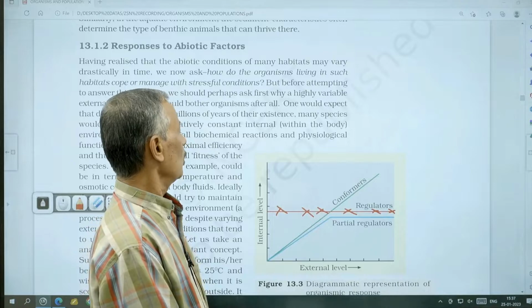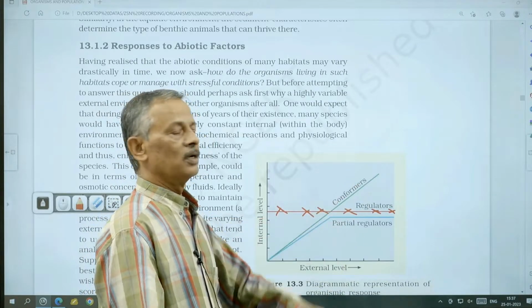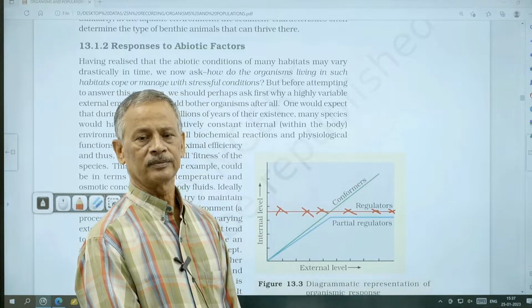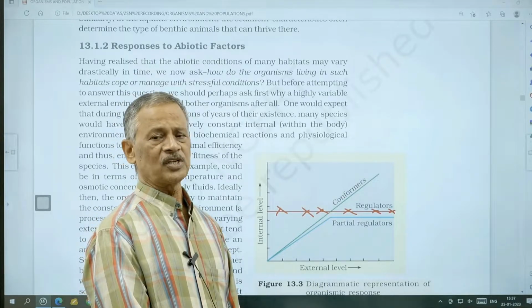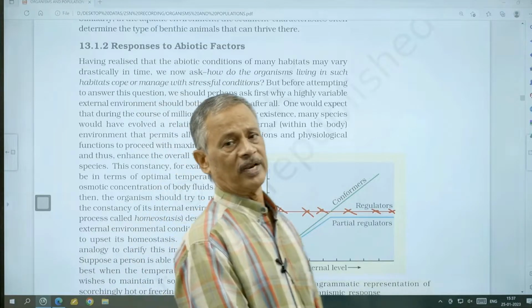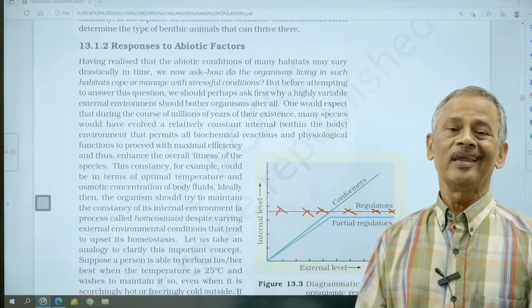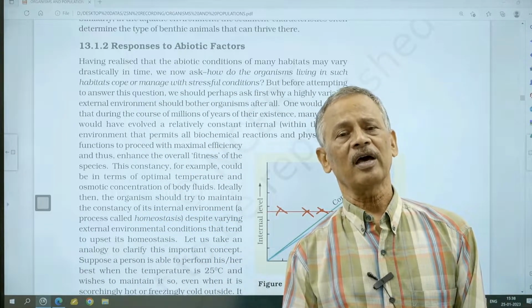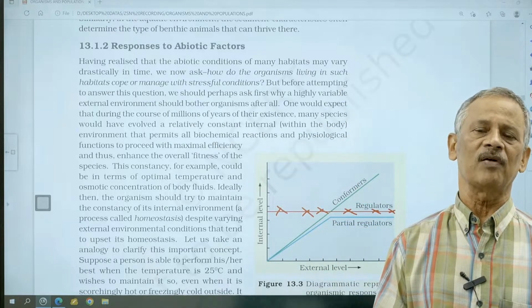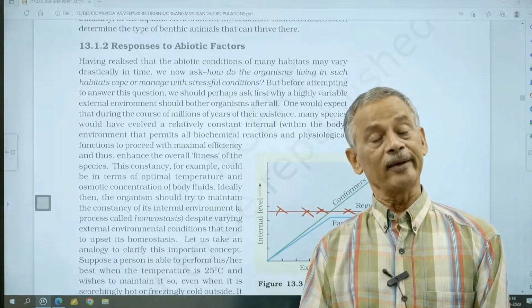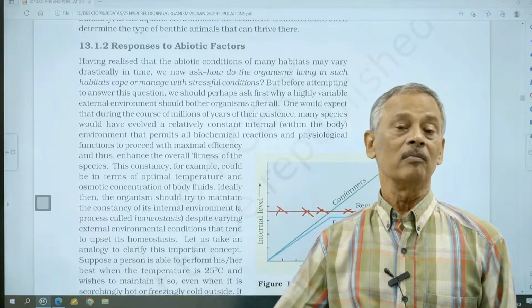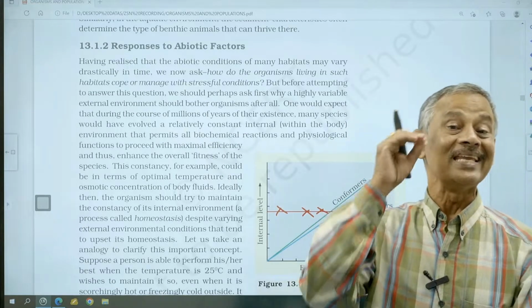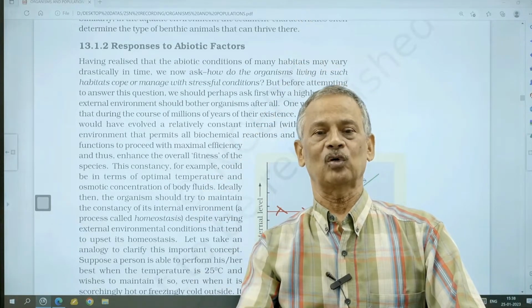Okay, so they are all regulators. Only very few, especially vertebrates, can maintain a constant steady water, salt and pH level in the body. And only birds and mammals among vertebrates are capable of maintaining a constant steady internal temperature also.